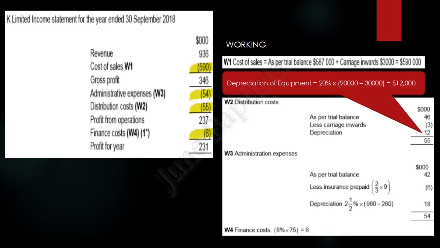Finance costs as per working four are now subtracted, $6,000, to give us profit for the year $231,000. The statement of changes in equity is on the next slide.